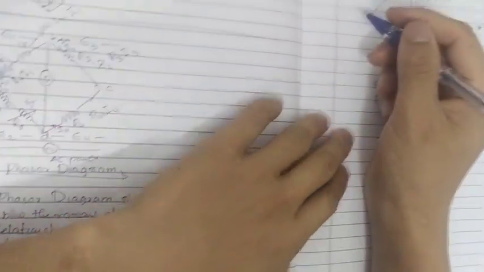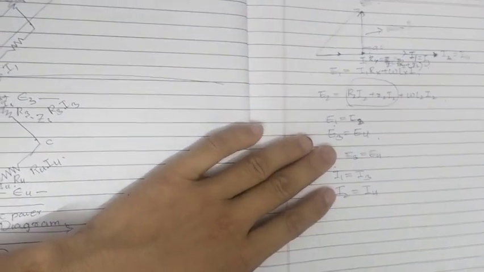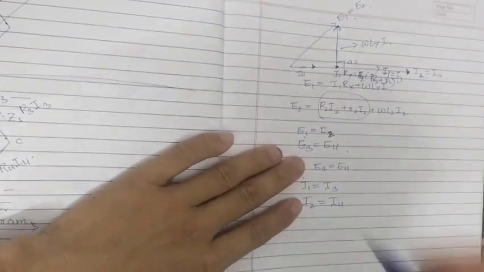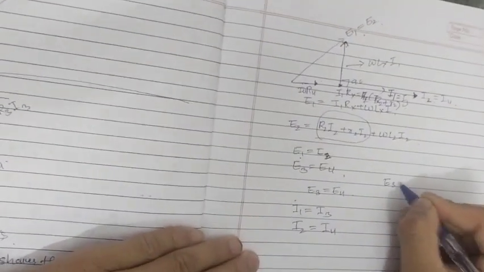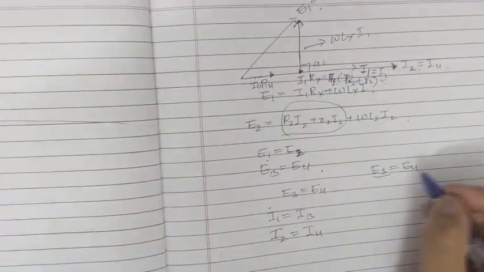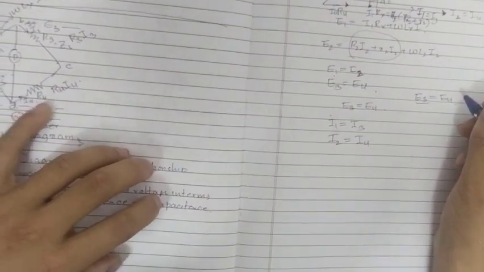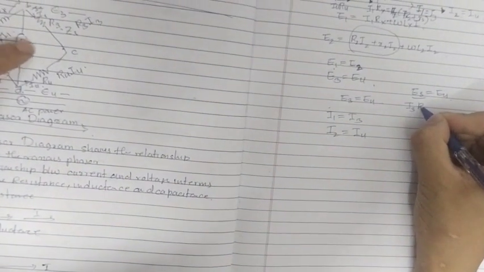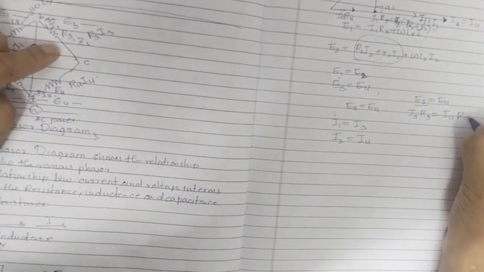Now, if you show the phasor diagram for this, I4 and R4. Now we know that I3 is equal to I4. That means this voltage drop across R3, and this E4 is the voltage drop across R4. That means E3 is I3 R3 and E4 is I4 R4.